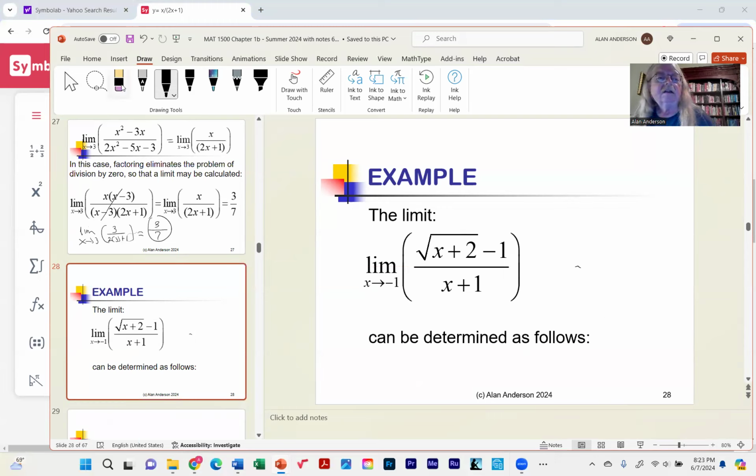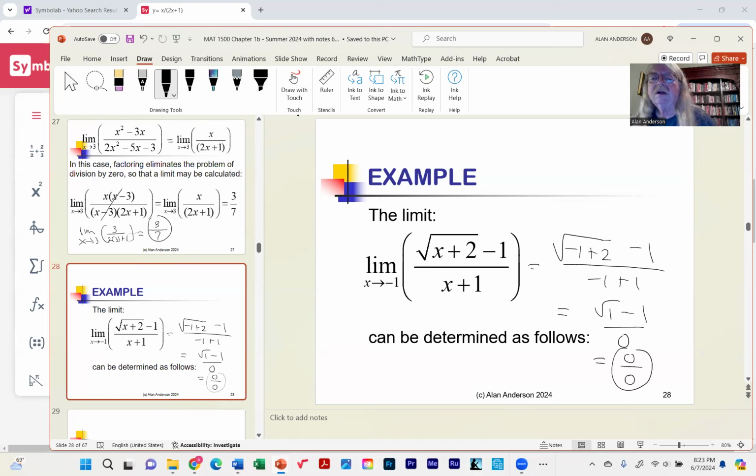So if you plug this directly in, you'll have radical 1 minus 1 over 0. Here we go, 0 over 0. Now you can see there's no common factors there. So what are we supposed to do?